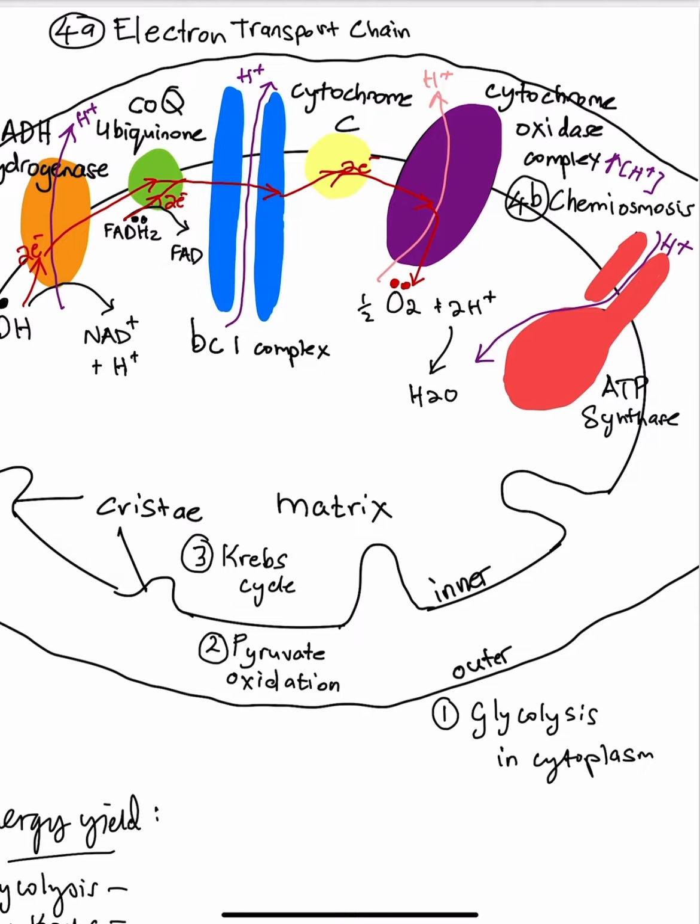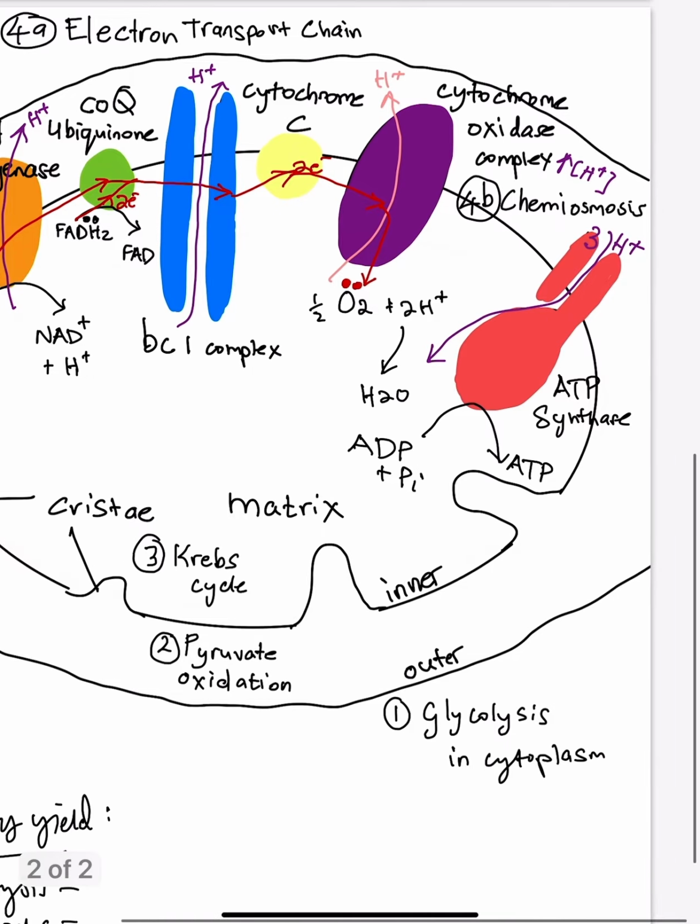So we will need 3 of these hydrogen ions to be pumped through the ATP synthase for every ATP molecule that is to be made. Adenosine diphosphate will pick up an inorganic phosphate and it will produce 1 molecule of ATP.